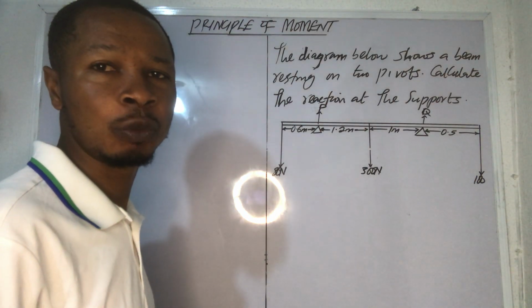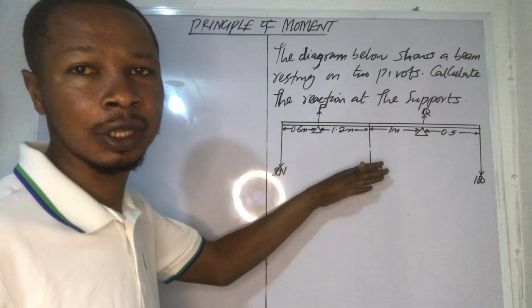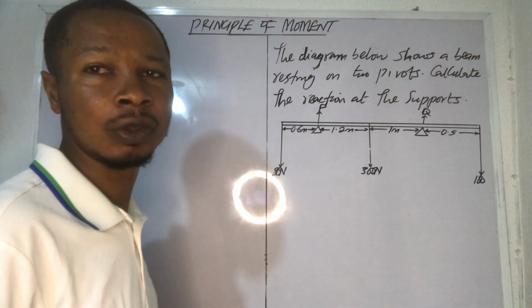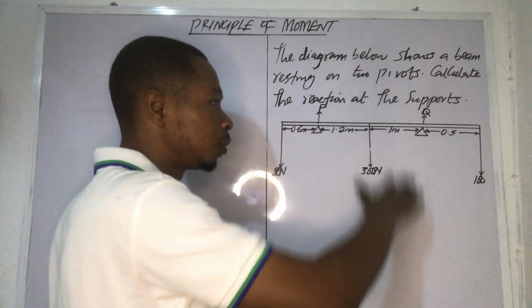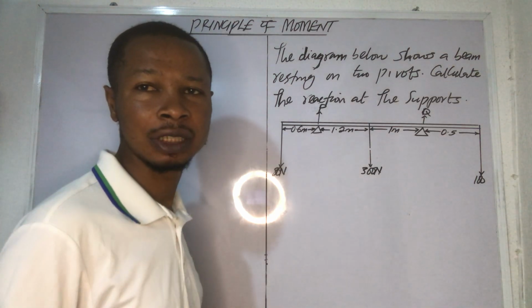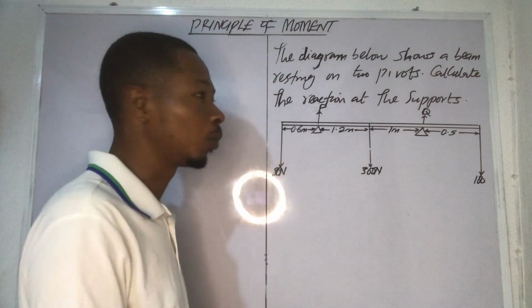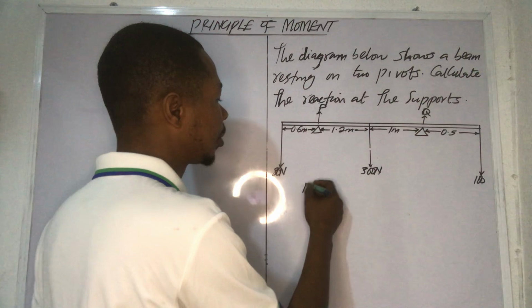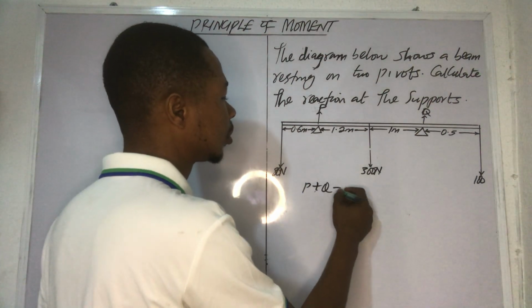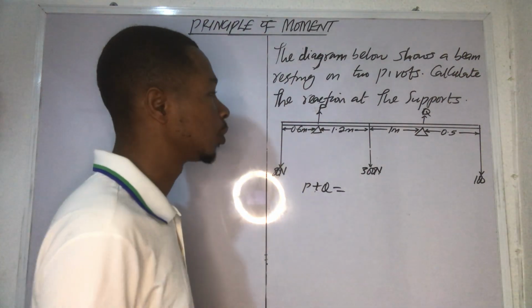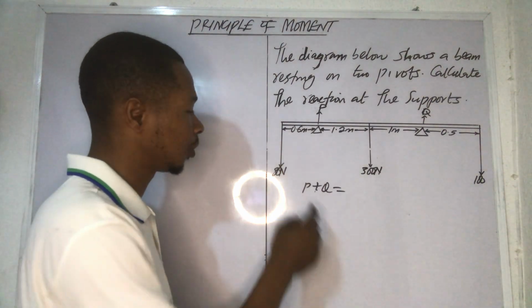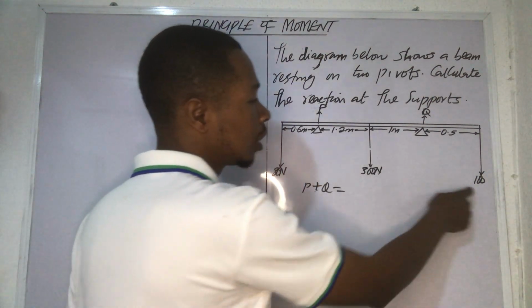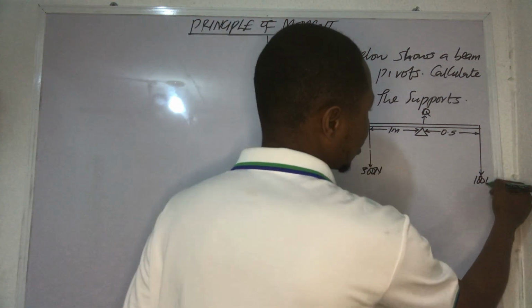Then from the principle of moment, the sum of upward forces must be equal to the sum of downward forces. The sum of all the forces acting upward must be equal to the sum of all the forces acting downward. The forces acting upward in this case are P plus Q. Then that should be equal to all the forces acting downward, and we have only three forces acting downward: this 80, this 300, and this 100 Newton.